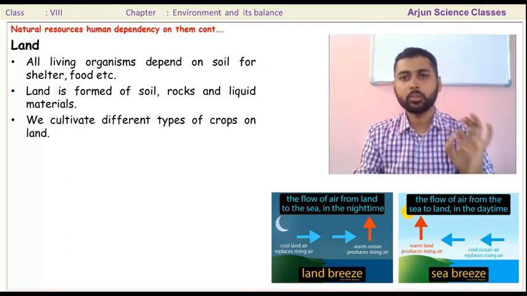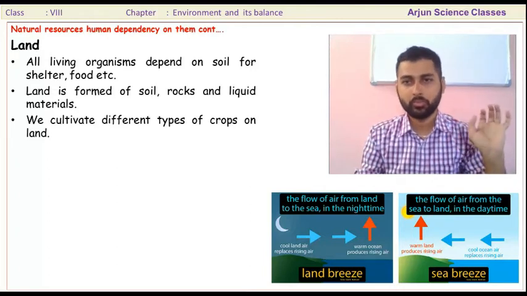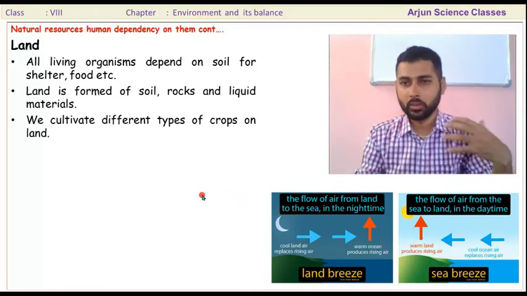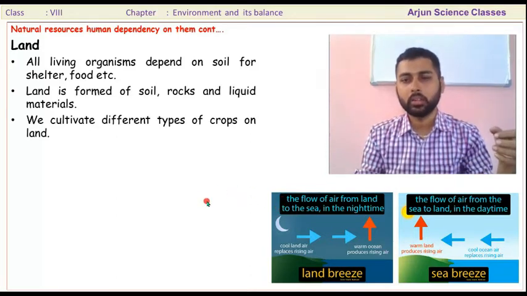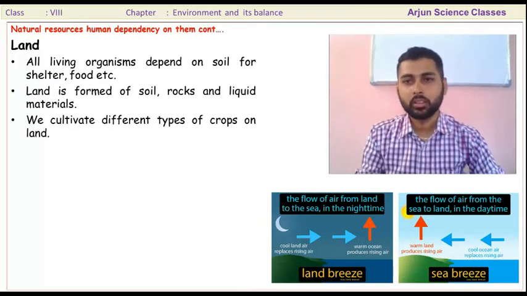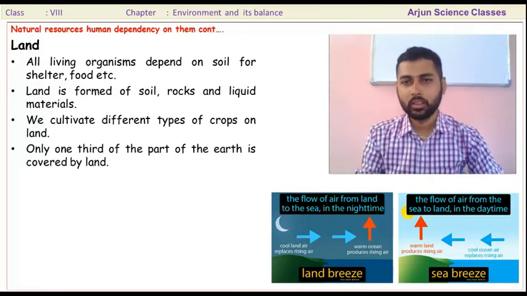And different types of crops also need different types of soil. Some crops need sandy soil, some crops need land containing a lot of water, and some crops need loamy sand, etc.